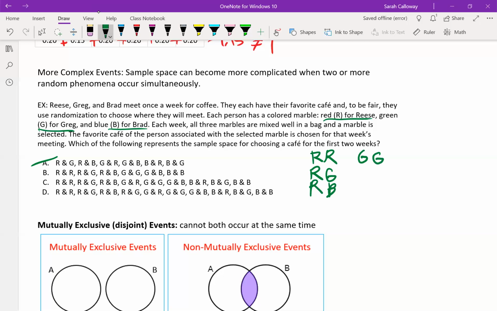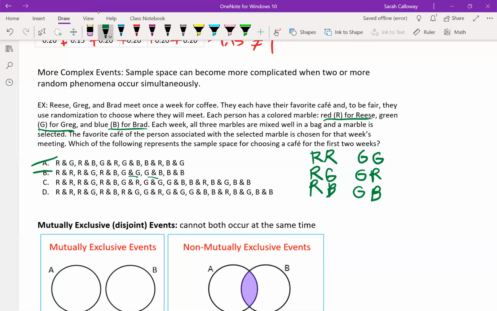After that, if Greg is still first, it could be Greg and then Reese, or Greg and then Brad. Okay, so we should have Greg, Greg. So this one has Greg, Greg, Greg, Brad, but it's missing Greg, Reese. So that means that B is not the correct answer.